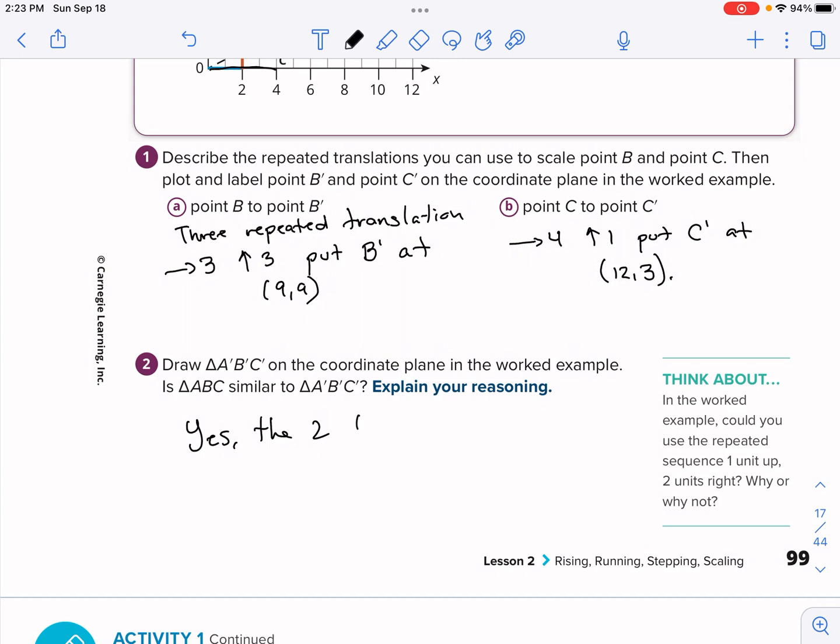The 2 triangles are similar. We'll just say same shape, and it doesn't matter for size. As long as they're the same shape, they are similar, meaning that their interior angles are equal. Their side lengths might be different, but that's for size.